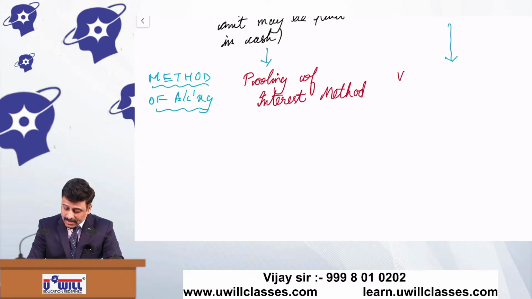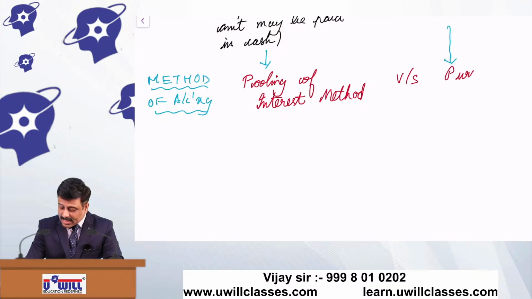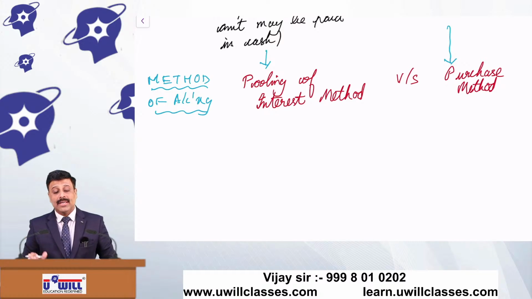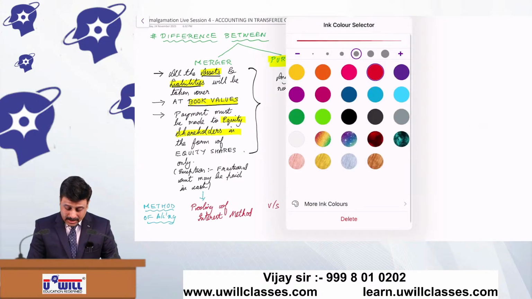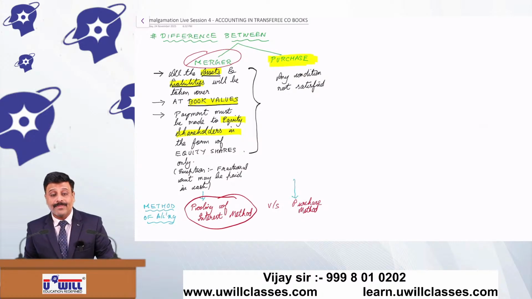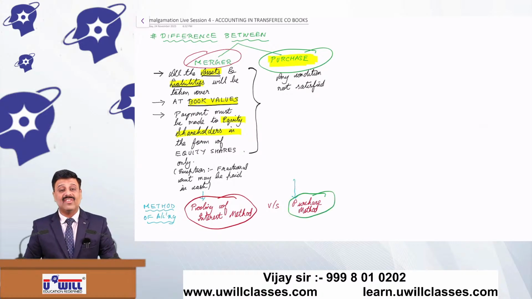Vice versa, if it is purchase, amalgamation in the nature of purchase, then we need to follow the purchase method of accounting. And journal entries in both methods are different. So it is very important to first identify in the question whether it is amalgamation in the nature of merger or purchase.